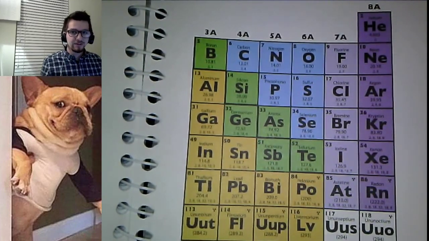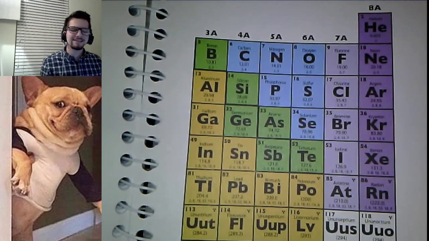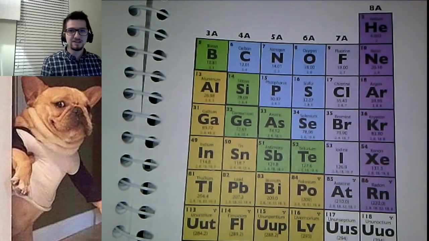So if you're just dealing with a bunch of C's and H's, that's when you can pretty much decide that you're not going to need to multiply by the number of atoms. Now, when you have one of these stronger ones, you probably are. So with that being said, let's get back into it.